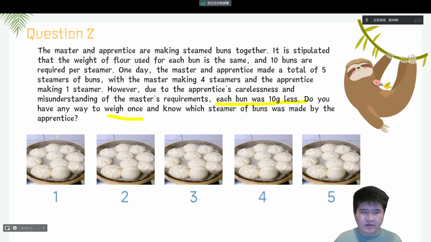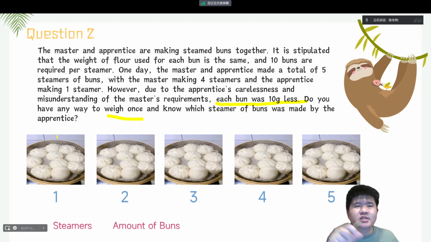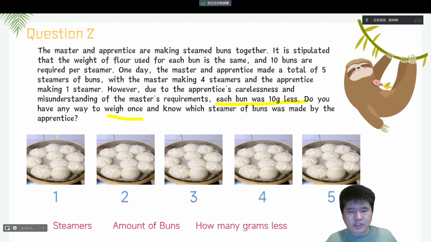And then we can see that we use an important thing, the amount of buns we weighed. We use this as a bridge to connect 2 things. What are these 2 things? One is the steamers. We use the amount of buns to make sure each steamer is different. And then we check how many grams less.